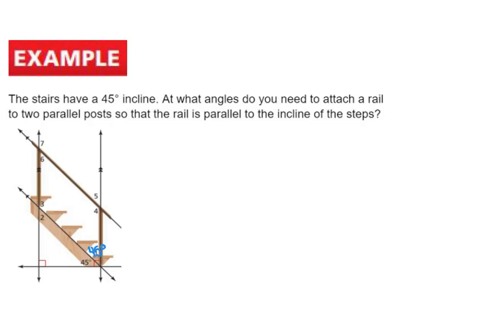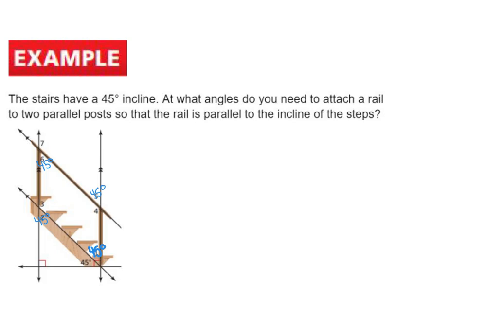Based off of that fact, we can use corresponding angles to tell us that angle 5 is also 45 degrees. Now we know that angle 2 is 45 degrees because that would be alternating interior angles. And we know that 6 is 45 degrees.